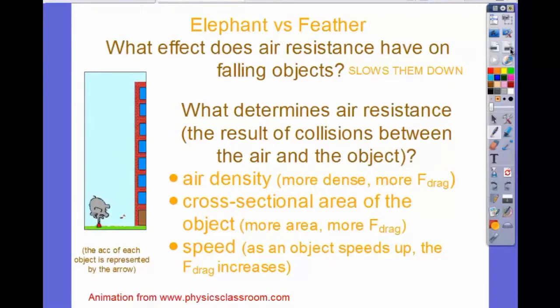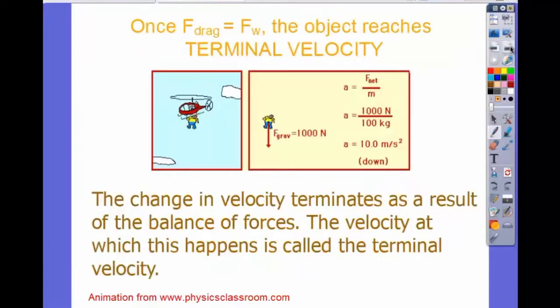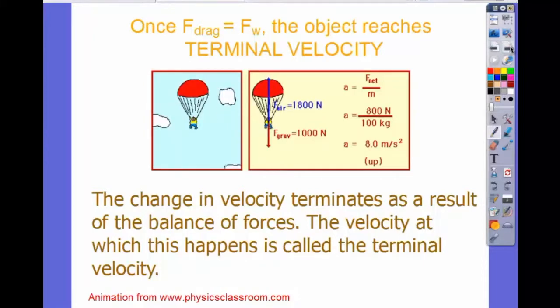So if I increase air density, increase cross-sectional area, and increase the speed of the object, that's going to increase the air resistance. So what will happen to an object is that the drag continues to increase as you speed up, and we already know that as I fall, in free fall, I increase in speed.